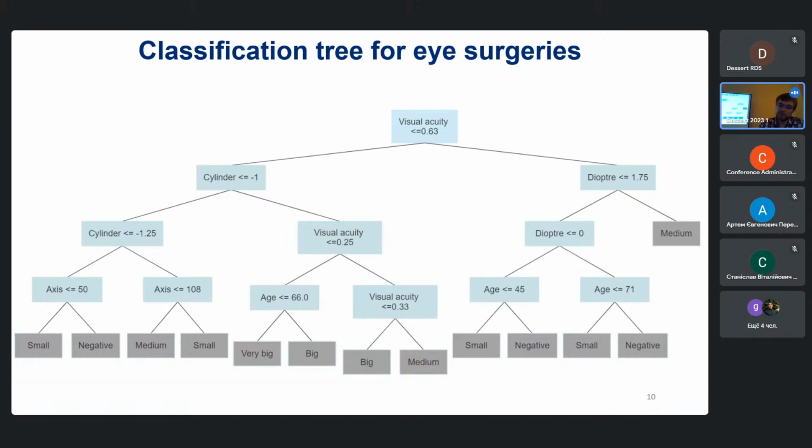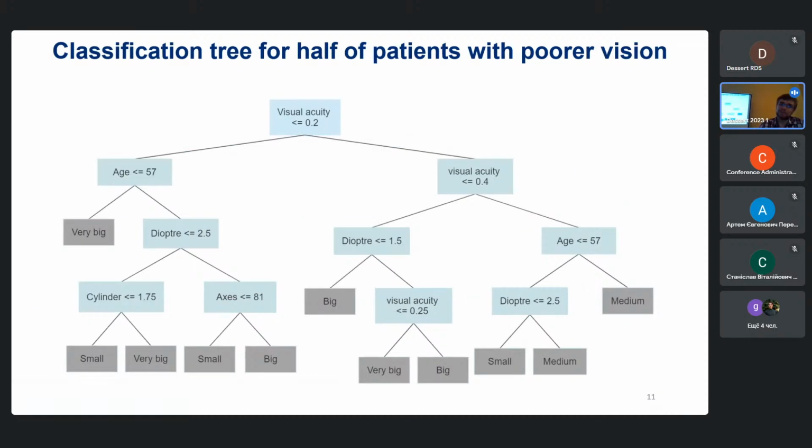Because of this, in our next experiment, we chose only patients with a value of visual accuracy less than or equal to 0.5. There were 119 such patients. And as you can see, the variable visual accuracy is still relatively important, but not as much as it was in the previous experiment.